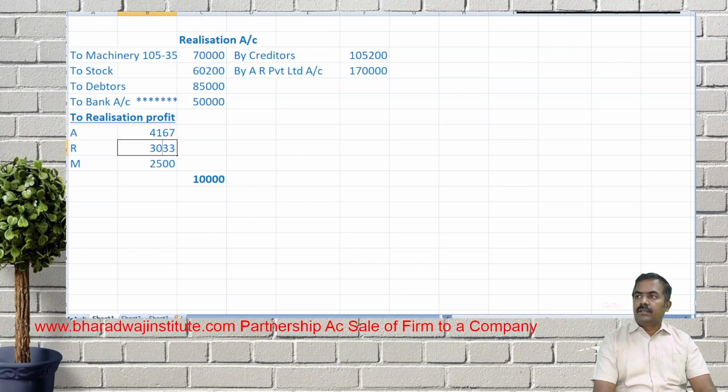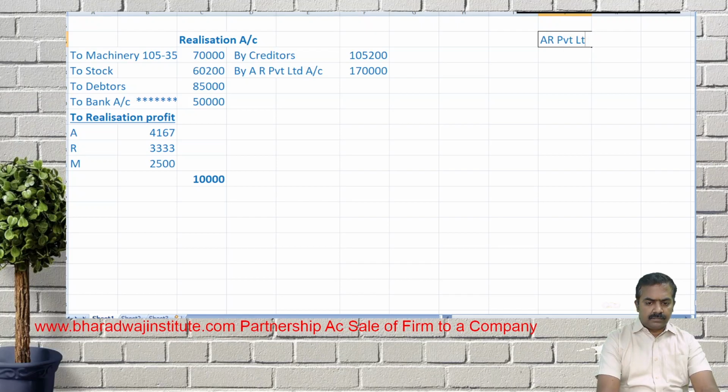Then when you prepare the AR Private Limited account, to realization, how much is the realization amount? 1,70,000.